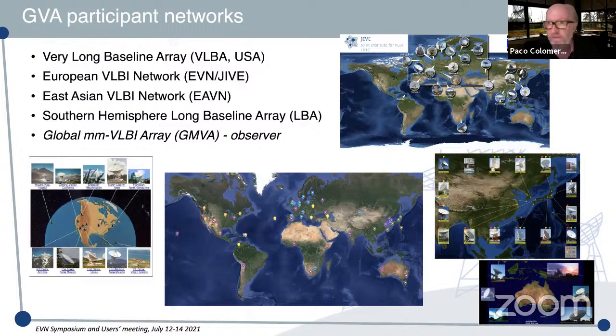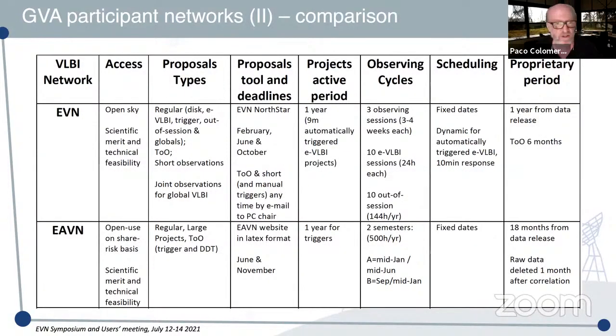And then as an observer for the moment, the Global Millimeter VLBI Array, the GMVA. There are tables here to compare. Of course, I'm not going to read them, but this is also in the video if you want to look later. What would be the different issues that need to be discussed in this alliance?